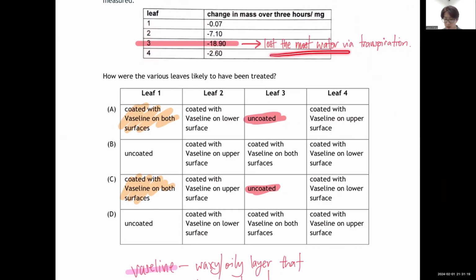The more water you lose, the more stomata are exposed. So this one is your upper lower thing, right? Which side got more stomata? Upper or lower? Lower got more, right? If I block the lower stomata versus another one, I block upper. Which one got more stomata exposed?